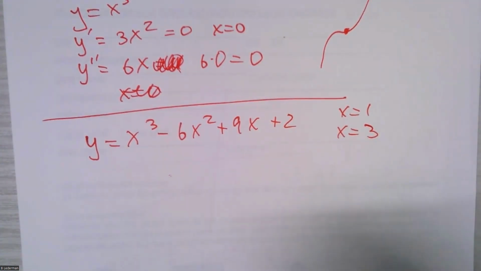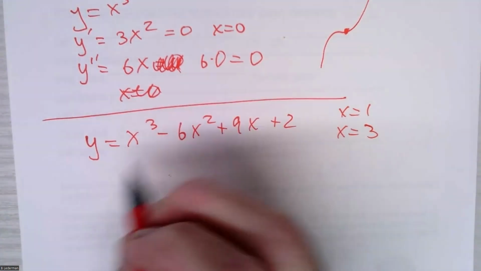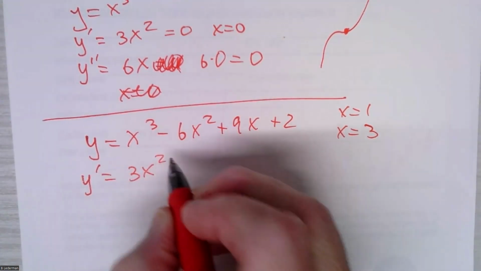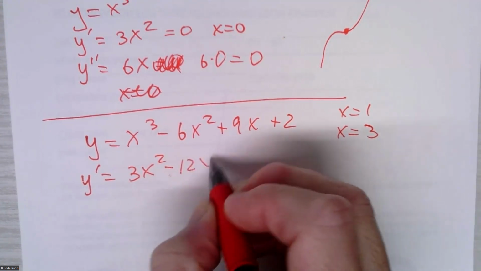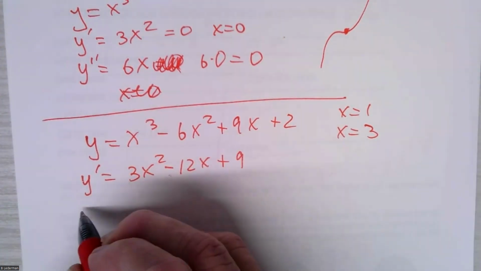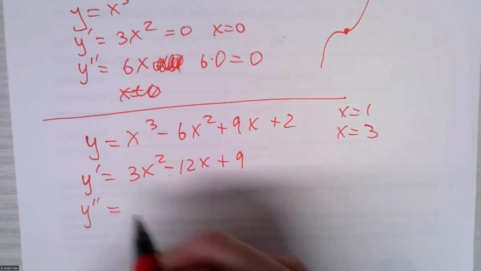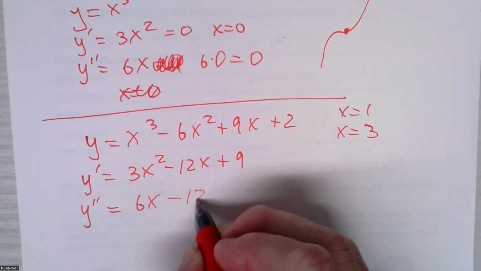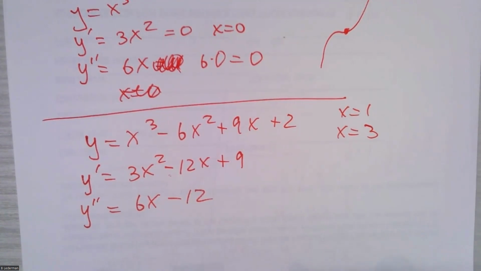We already found those critical numbers. So let's take y prime. y prime is equal to 3x squared minus 12x plus 9, and y double prime is equal to 6x minus 12.